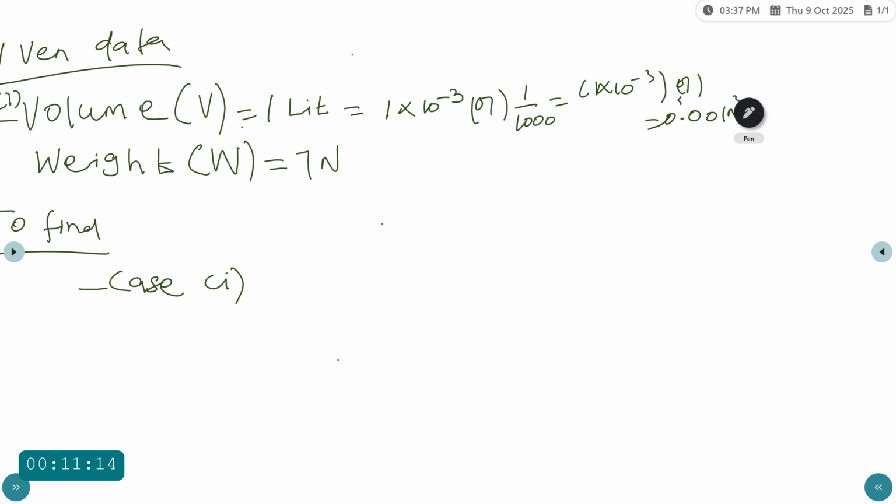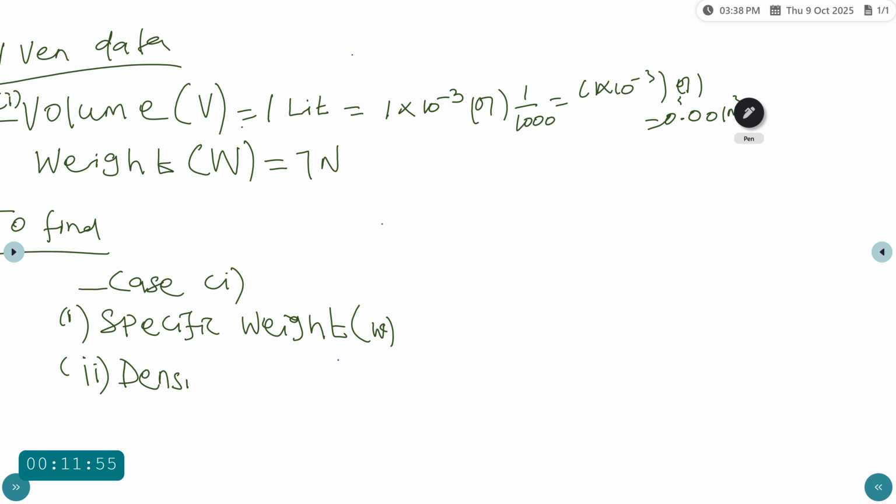In case 1, to find: first of all, we need to calculate the specific weight of 1 liter of petrol. Specific weight is the first to find. Second to find is density. Specific weight is generally denoted as small w. For differentiation, I put a small mark on top of the w, because weight is capital W and specific weight is small w.